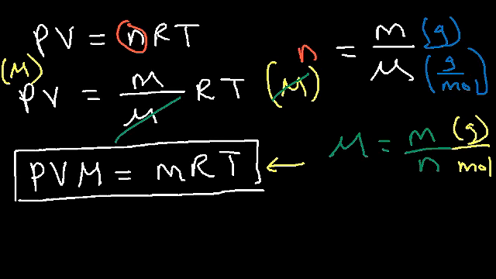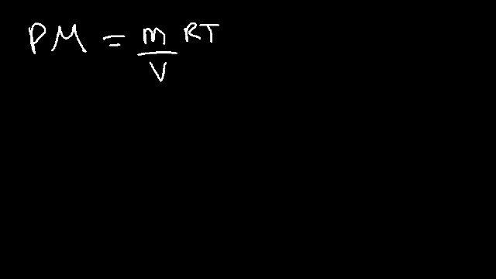So now from this equation, what we're going to do is divide both sides by V. So if we divide by the volume on the left side, the volume cancels. So what we now have is pressure times molar mass is equal to mRT over V. Keep in mind, we said that density is equal to mass divided by volume.